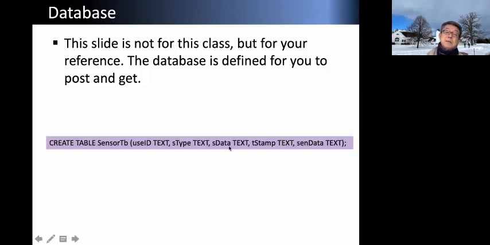Okay, we have some example. I cannot see. Okay, yeah. I think this is a sensor data. This is a sensor type. Yeah, some other data. We'll have an example.